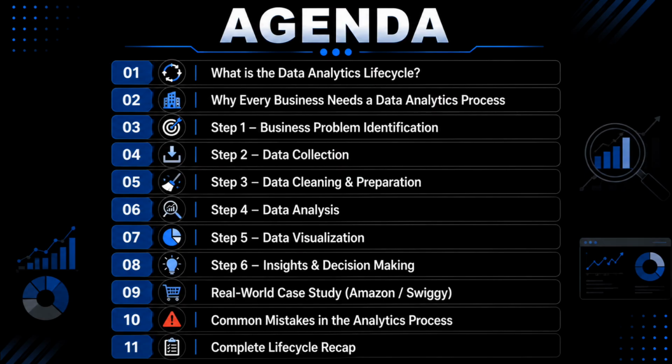To keep things super practical, we will also discuss a real-world case study like Swiggy or Amazon, cover common mistakes you should avoid as a beginner, and finish with a complete recap. So, without any delay, let's jump straight into topic number 1.